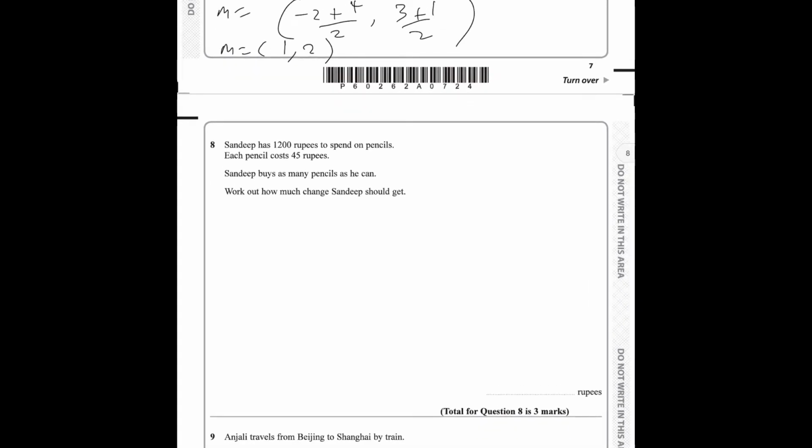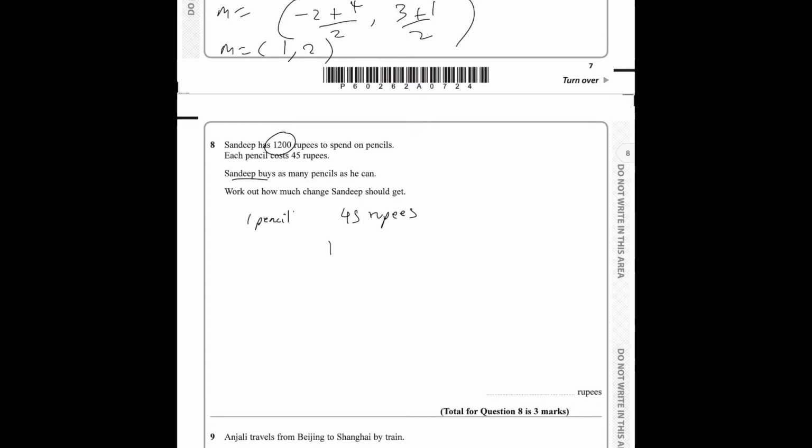Next one, he buys 1,200 rupees to spend on pencils. It costs like 45. He buys as many pencils as he can. Work out how much change he should get. So since we know that one pencil costs about 45 Indian rupees, we have to know how many pencils he can buy.